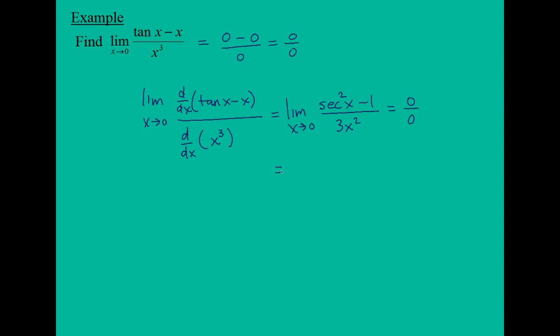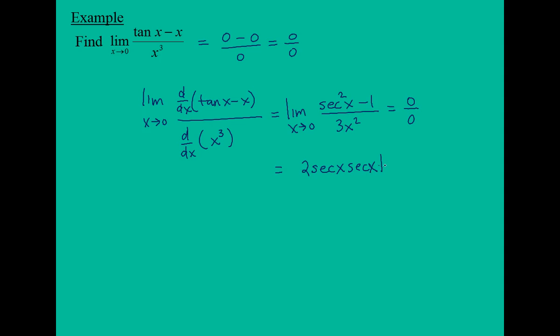Now if we take the derivative of the numerator, you may say, well, I see a trig identity there. You may be able to use a trig identity. Secant squared x minus 1 looks like it would be tangent squared x. But if we just took the derivative, it would be 2 secant x times secant x tangent x.